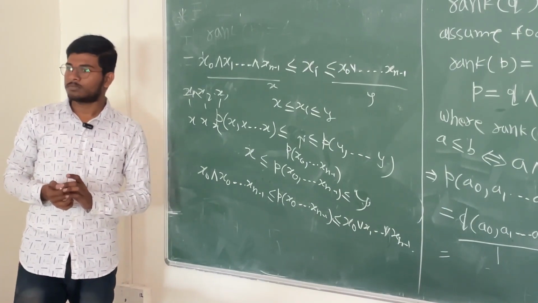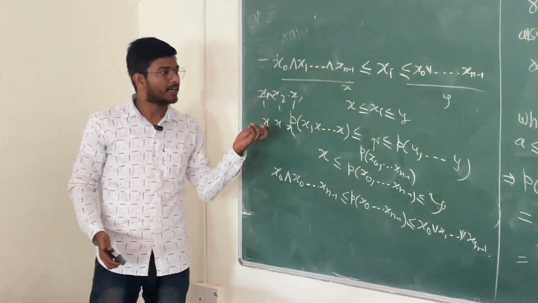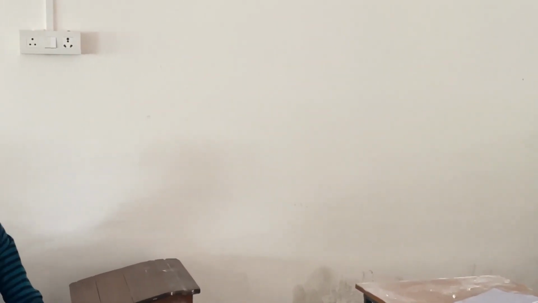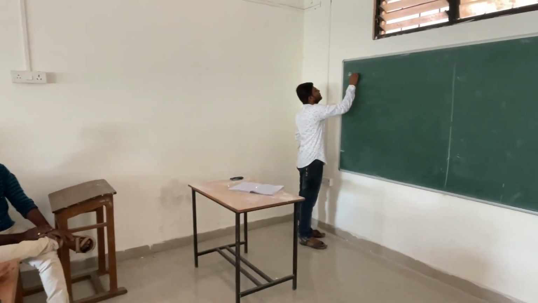If you have doubts, ask. Now there is a next theorem about the identities in the lattice, and we will prove that result. I have told you what the identities in a lattice are: if two polynomials p equal to q, then this is served as an identity. Now the next theorem.